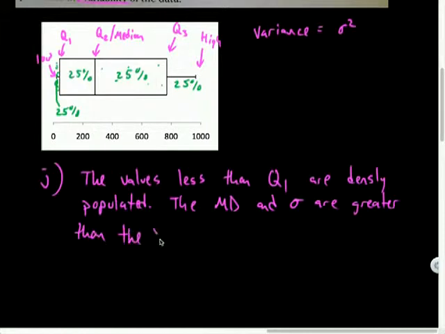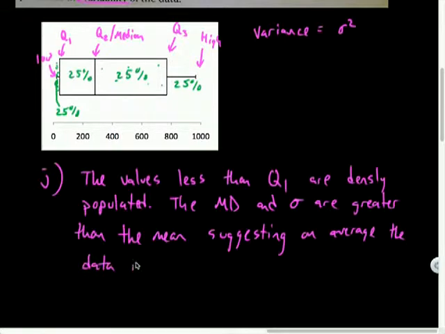Then the mean, I guess I'll write mean rather than x bar, suggesting the data is very spread out. Suggesting, I guess, on average, the data is spread out. Okay?